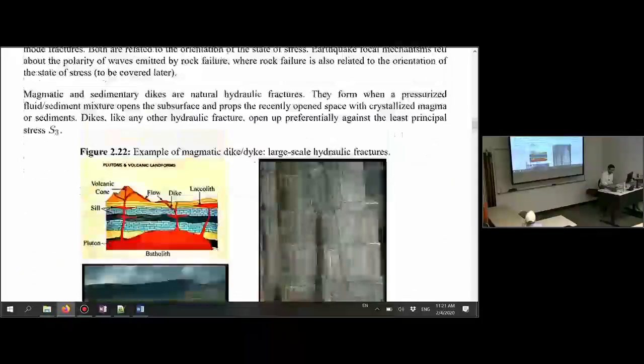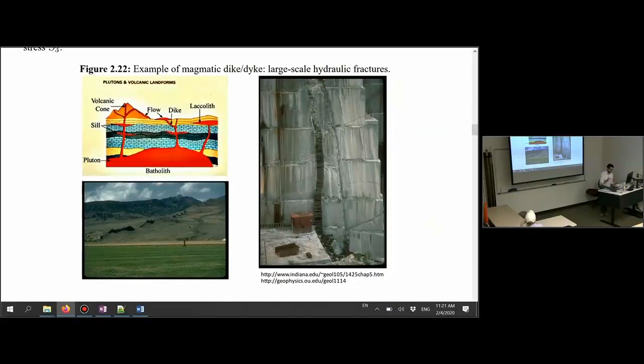Another type of indicator is this type of formation, which is called a dike, a magmatic dike. And these magmatic dikes are actually natural hydraulic fractures.